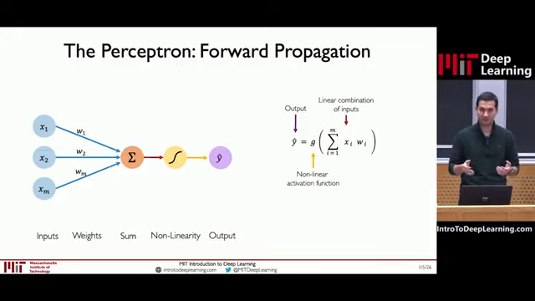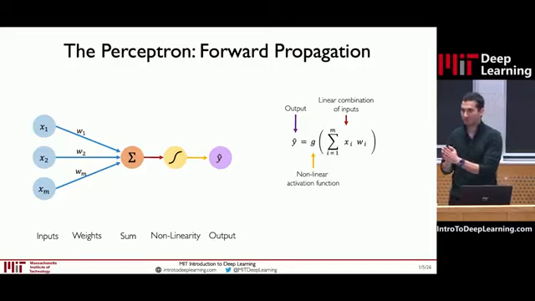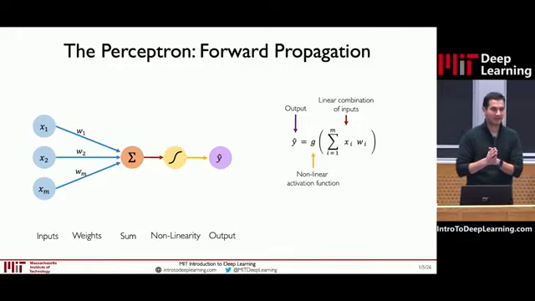Here it's denoted as g. So you multiply your inputs with your weights, add up everything into one number, and then pass it through some transformation, which we'll talk about in a second, and that is your final answer. That's one number that comes out of this neuron from m inputs that go in.